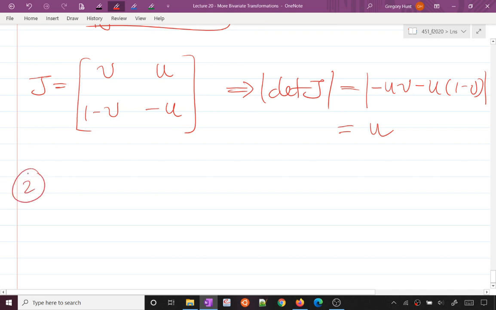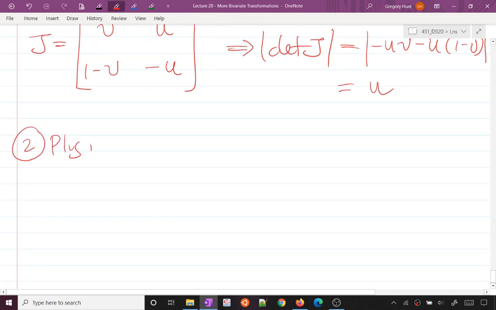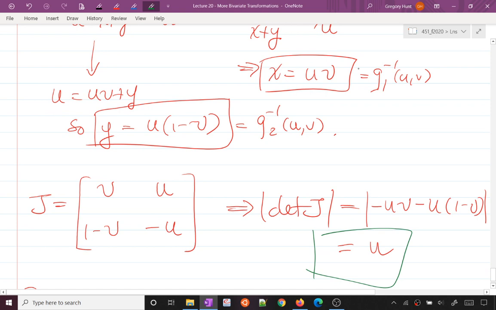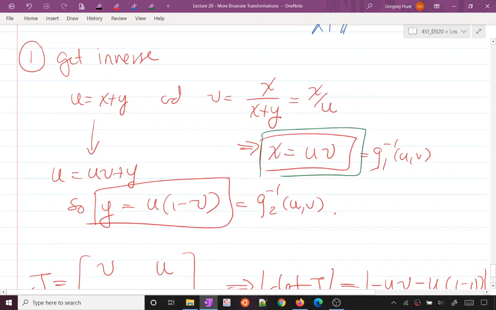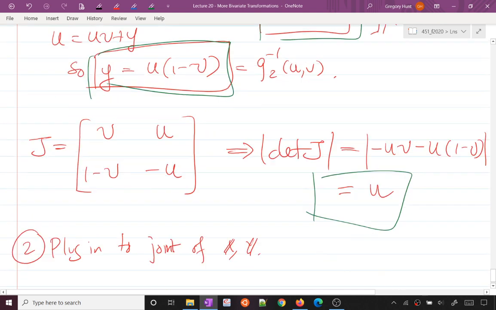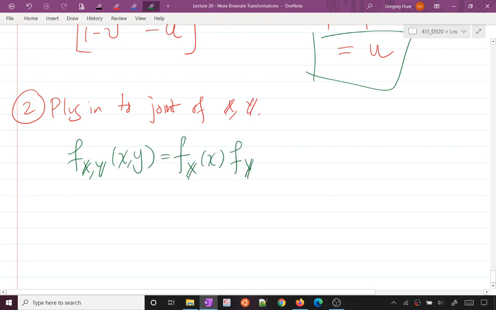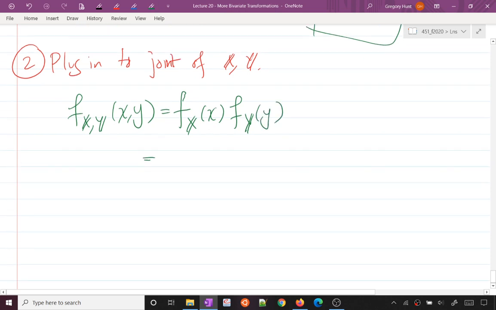So step 2 here is plug in to the joint of x and y. All right, we basically have all the parts. The parts being, we wanted this Jacobian determinant, and we wanted the coordinate inverse functions, that one and that one. And we said that x and y are independent. So again, super nicely, this joint PDF of x and y is just the product of the marginals.